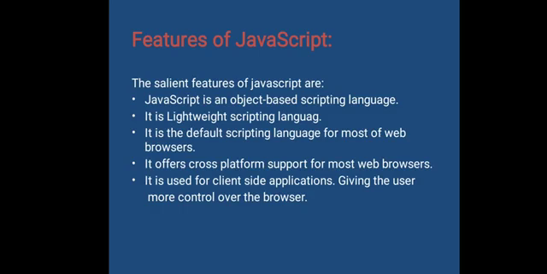Int has 2 bytes. Float has 4 bytes. So where the memory requirement is more. But in JavaScript, it is very less. Hence, it is known as lightweight scripting language.